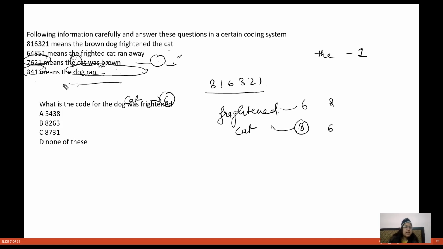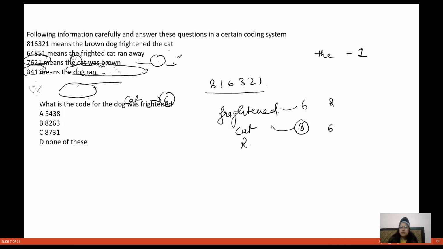Now the dog ran, it is saying. The dog ran. So if we compare these two, this one and 1 will get cancelled. Which word is common? Only ran is common. Other than 1, only 4 is common.